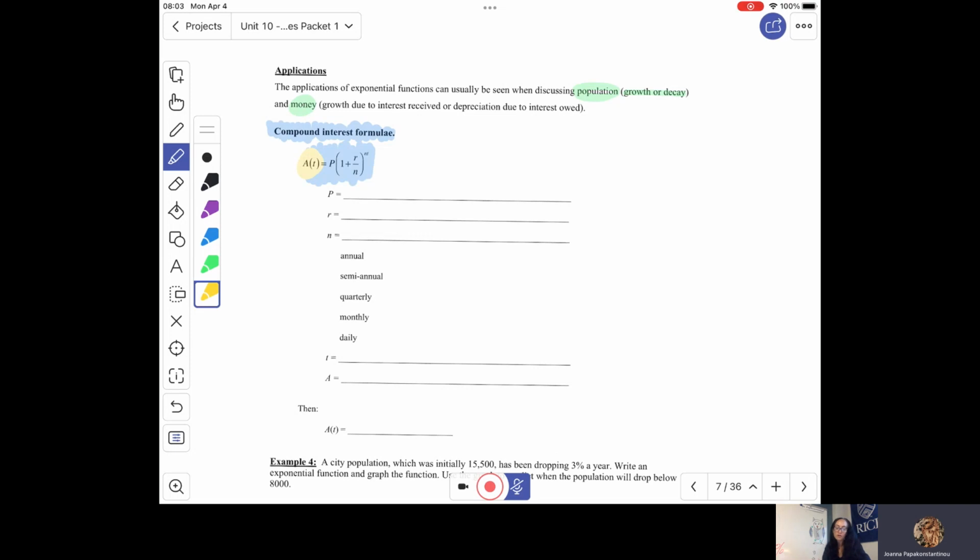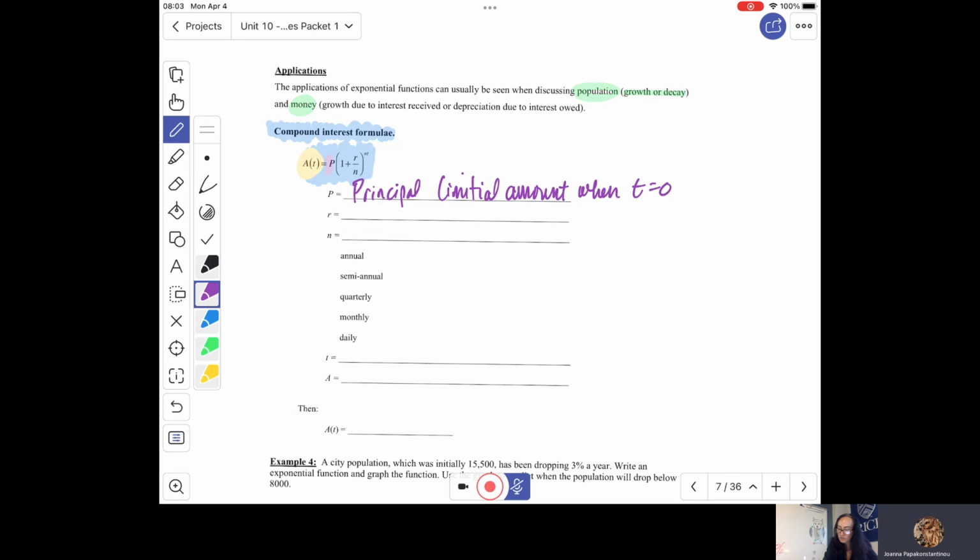Now, let's look at all the variables in this formula and make sure that we understand them. P kind of resembles our A in the exponential function that we've worked with so far. P is your principal. That is your initial amount when t equals 0.